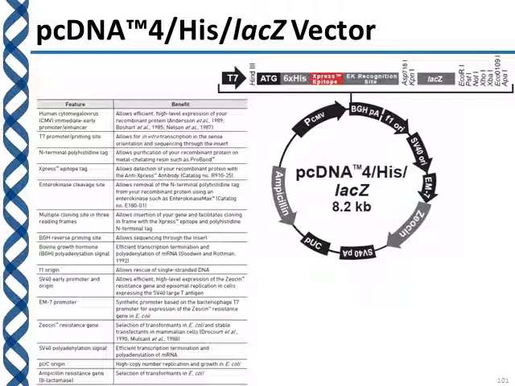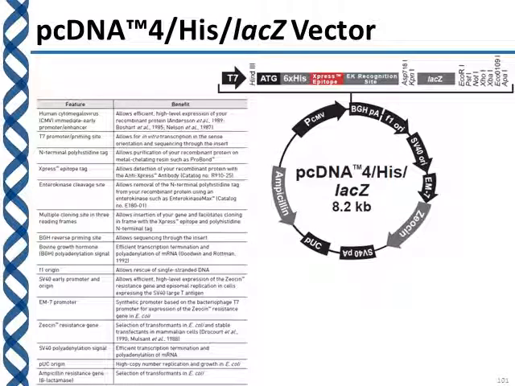Here, we show a specific example of the pcDNA trademarked, the his-lac-Z vector, and some of the features that it contains. For example, it has the human cytomegalovirus immediate early promoter enhancer.